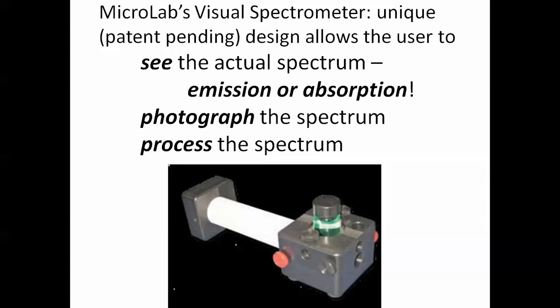So that's the gist of this particular quick slideshow, is to show you what you'll need to do that and what you might expect to see when you do it.